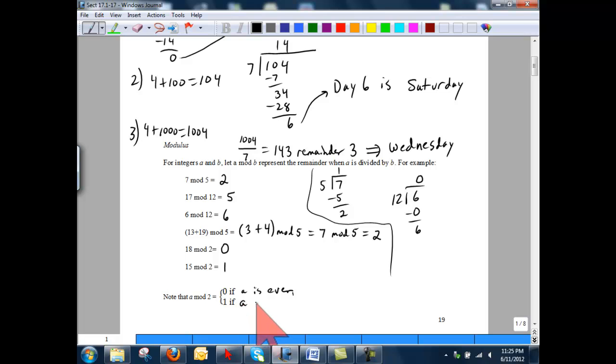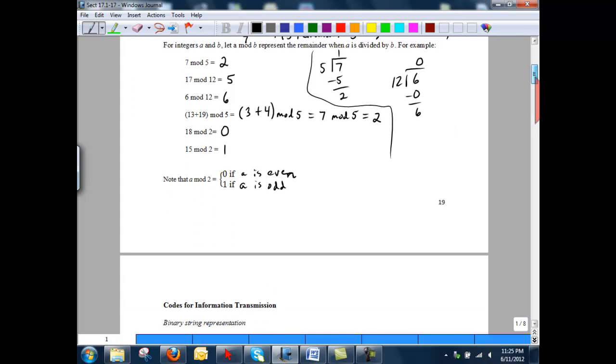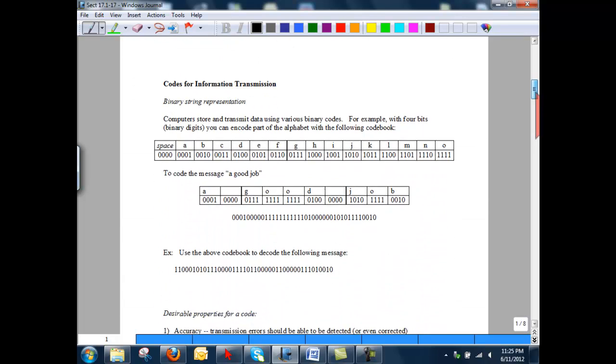So in general, a mod 2 equals 1 if a is odd. So in the special case mod 2, we don't even have to do the division. We just look at whether the number is even or odd and write down either a 0 or a 1. That's modular arithmetic. So tuck that in the back of your mind, and let's go on and talk about why we want to talk about coding.